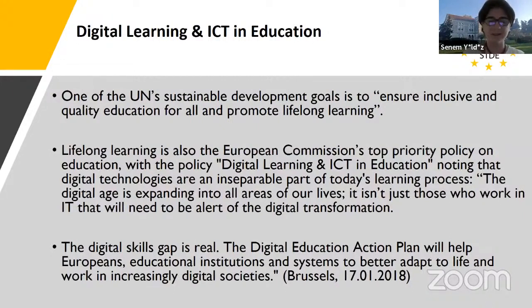Although with COVID-19, as I will mention pretty soon, the gap is narrowing, there's still a digital gap in the way that people make use of digital skills. And the Digital Education Action Plan will help Europeans, educational institutions, and systems to better adapt to life and work in increasingly digital societies.